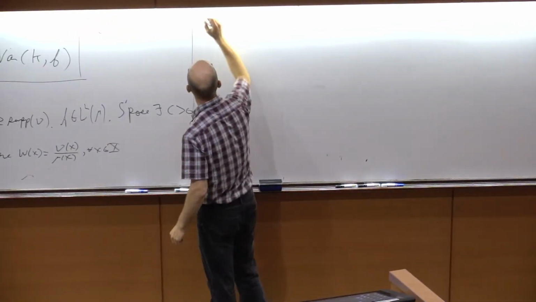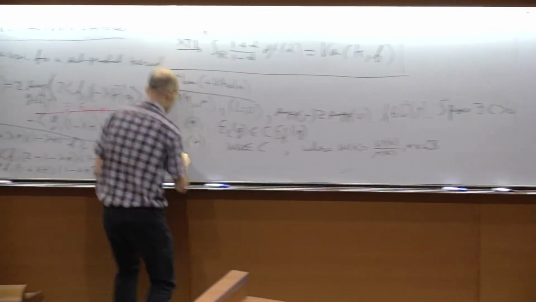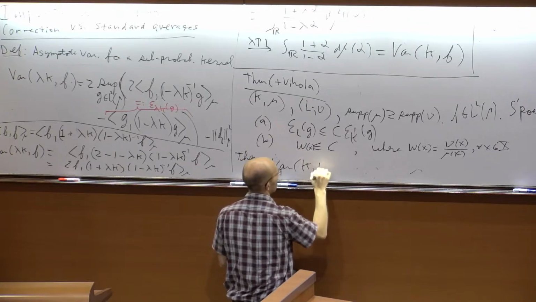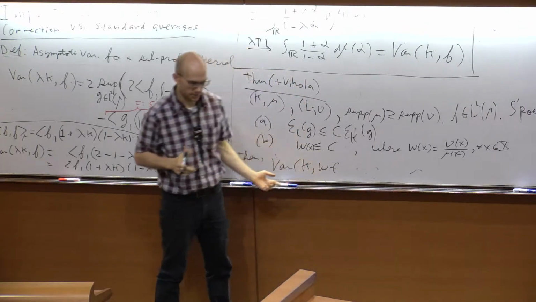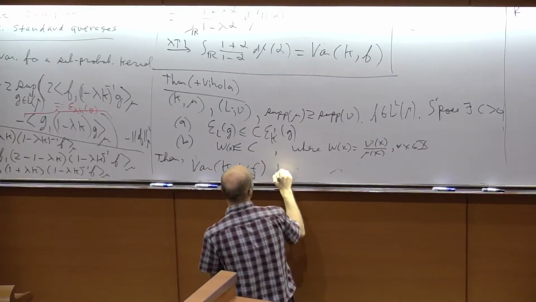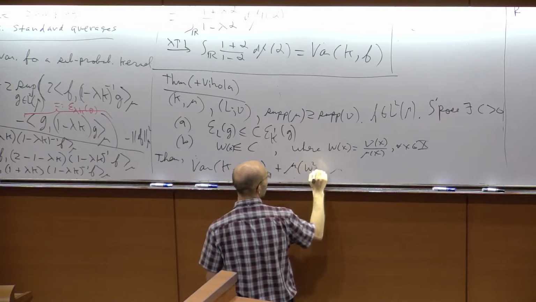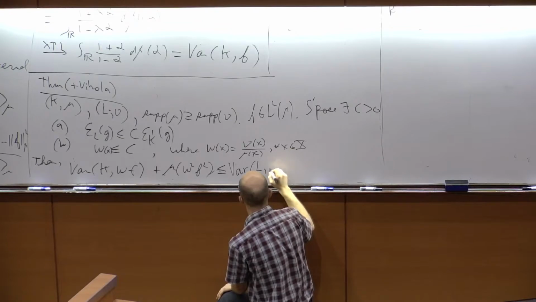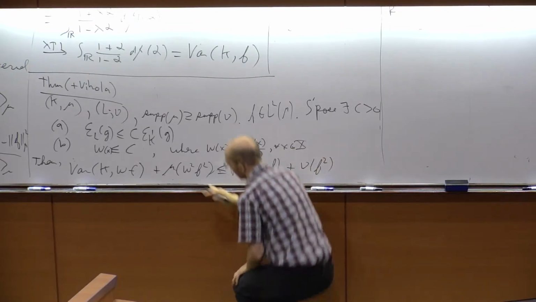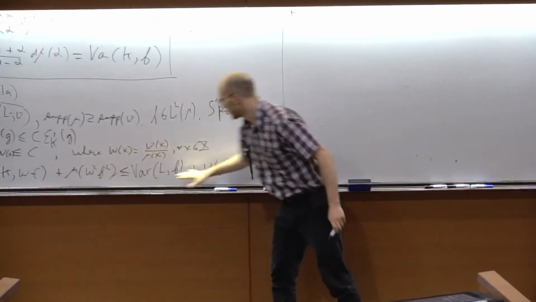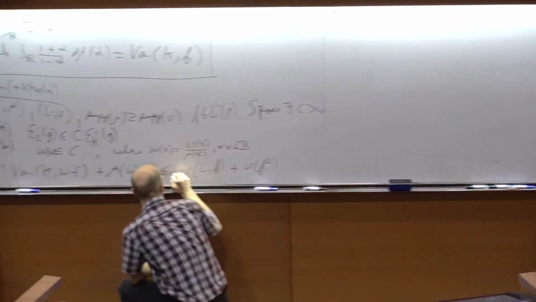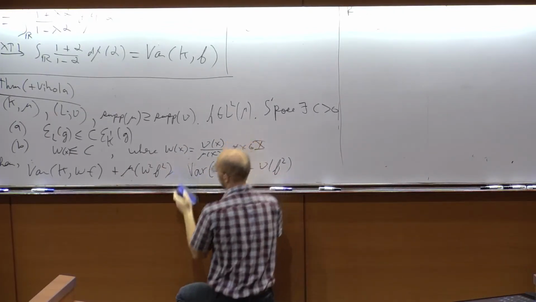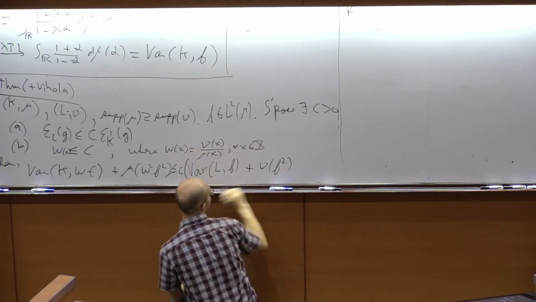I guess I haven't said the statement. We'd have that the variance of K, and this is actually the variance of the importance sampling correction, it's easy to show, I'll show later if we have time, plus a perturbation term is less than or equal to the variance of the direct chain, plus, modulo a perturbation of mass between these two measures, a quasi-ordering, so an ordering up to a multiplicative and additive constant.